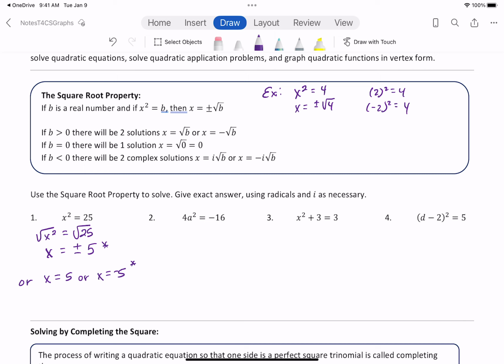For the second one, my squared term isn't by itself yet. It's 4a squared. So I'm going to divide both sides of the equation by 4 so that I get my squared term by itself. Now I can use the square root property.